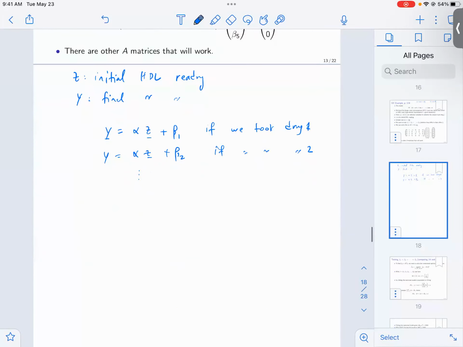So if I want to write this model, there are different ways that you can write it. How should I write it compactly as a single model?